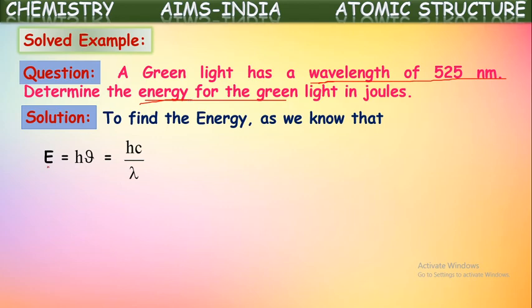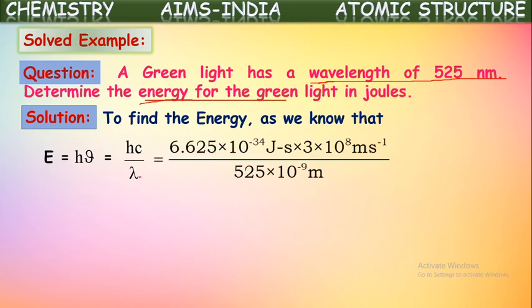So E is equal to hc by lambda, where E is energy, h is Planck's constant, c is the velocity of light, and lambda is the wavelength. If we substitute all the values, h is a constant with a fixed value of 6.625 into 10 to the power of minus 34 joule second, and c is the velocity of light, which is equal to 3 into 10 to the power of 8 meters per second, and lambda is the wavelength.